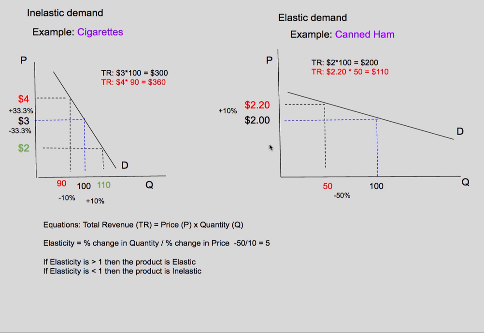So let's see what happens if we lower the price. We can lower it to $1.80. And that is a percentage change of minus 10%, again from the original $2.